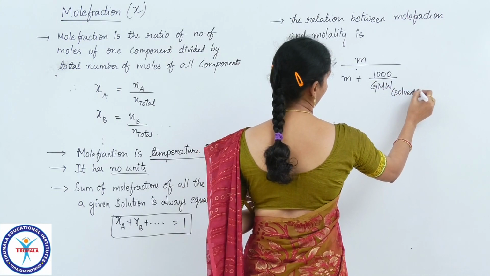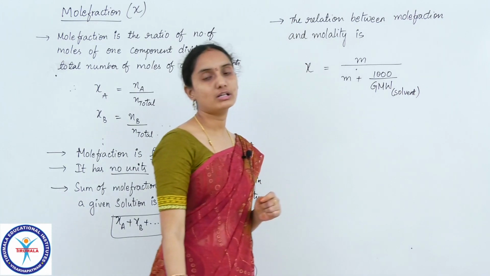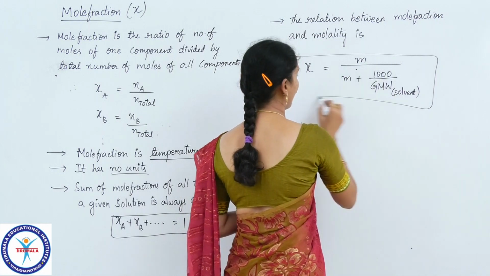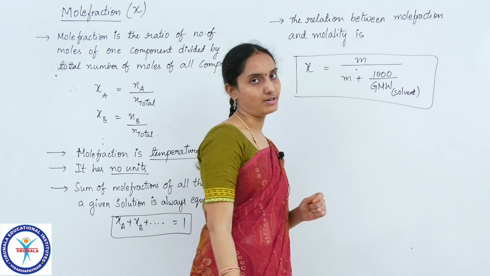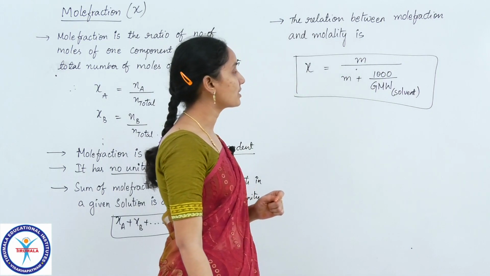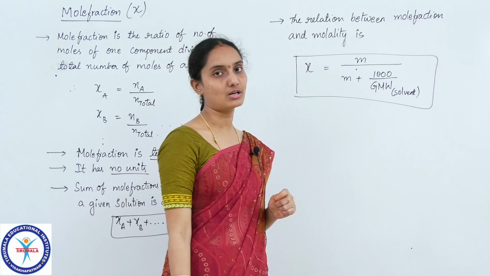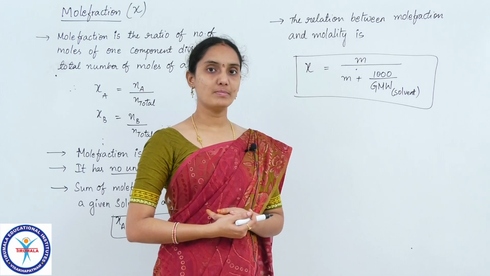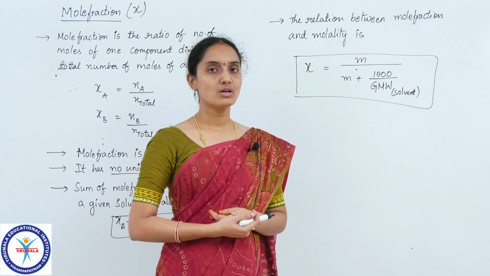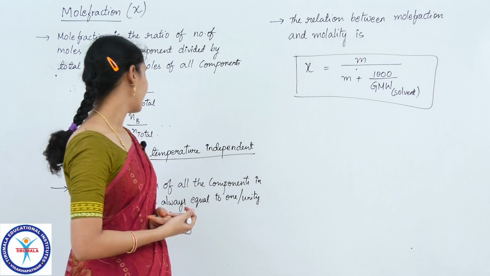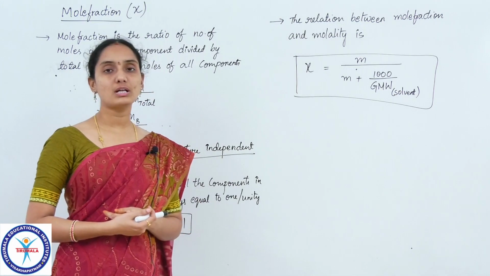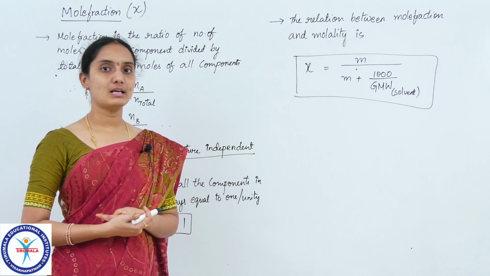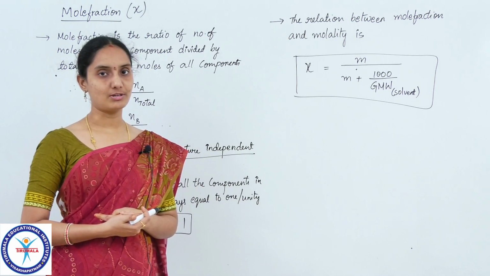Here it is not the gram molecular weight of solute. So remember here we have taken the gram molecular weight of solvent, children. So this is the relationship between molality and mole fraction, children. Using this formula also they may ask you problems in your competitive exams. So all these are the formulas which are used in the problems of mole fraction related sums in your competitive examination.